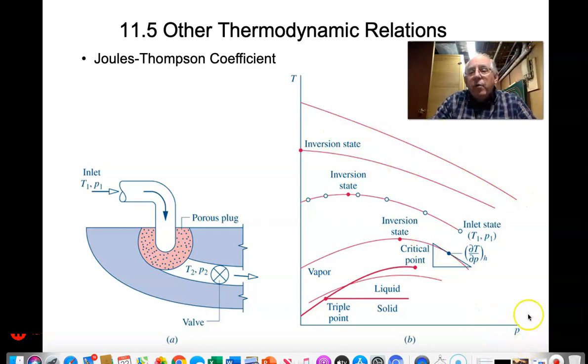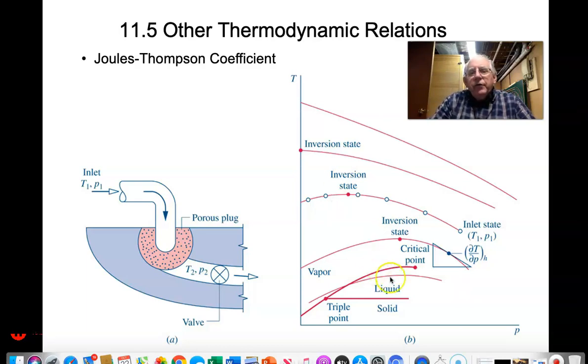If we want to think of it the other way, if we're at a pressure and we're lowering the pressure, and the temperature goes up, we have that effect. For some gases, there is a point that as you lower the pressure, you see the temperature drop. And so anything on the left side of what is called the inversion state corresponds to a substance whose temperature drops as the pressure is dropping.